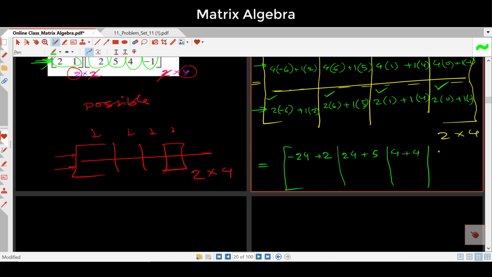Here you have 0 plus minus 1. Similarly in the second row you have minus 12 plus 2. Here 12 plus 5. Here 2 plus 4. Here 0 minus 1.